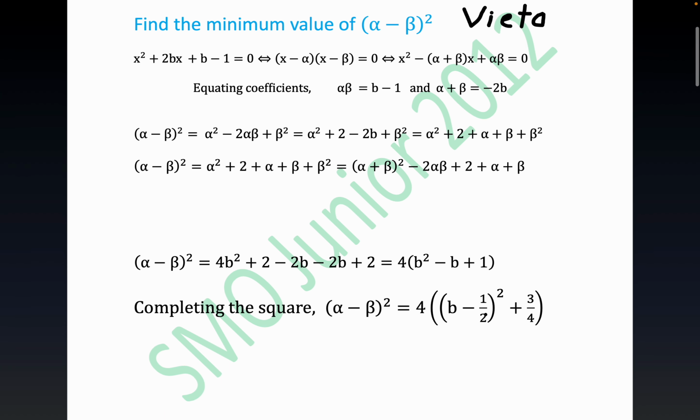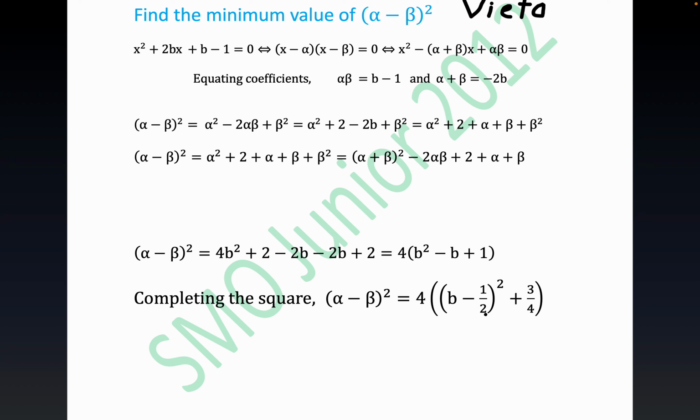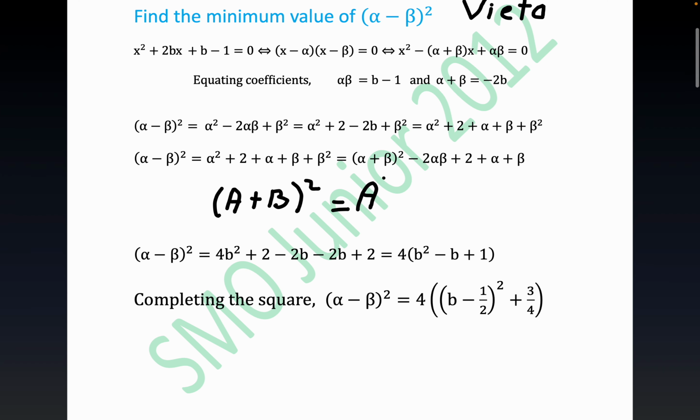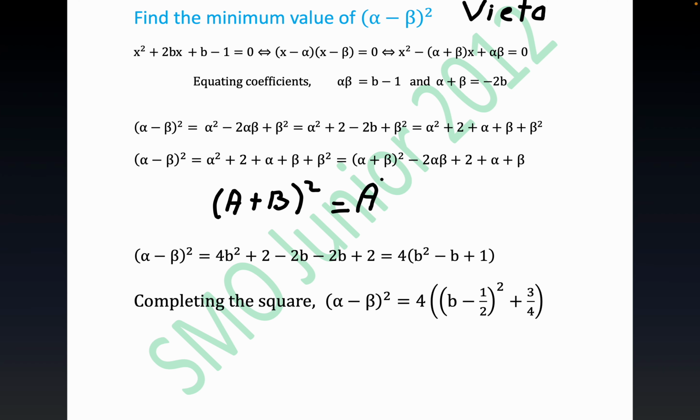Let's see, anything to talk about right here? We use the truth that, in general, if you have a plus b quantity squared, this is equal to a squared plus 2ab plus b squared.